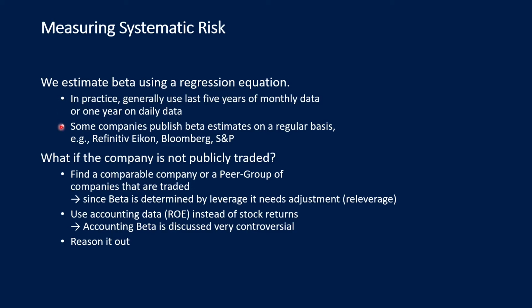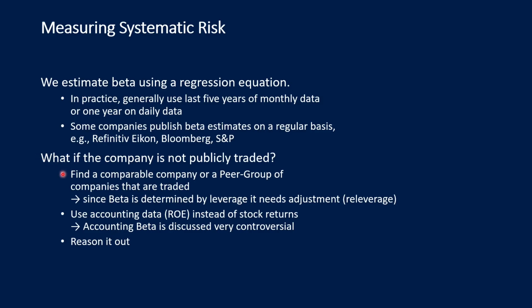Of course, some companies publish beta estimates on a regular basis, like Refinitiv Eikon that we use at the university, Bloomberg, and S&P. But what can we do if the company is not publicly traded, given that most business valuations will be based on beta and most business valuation concerns not publicly traded companies?